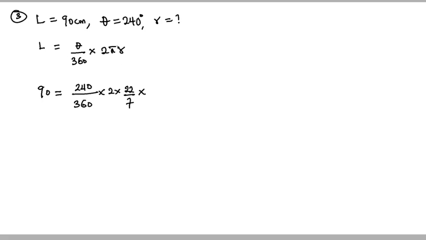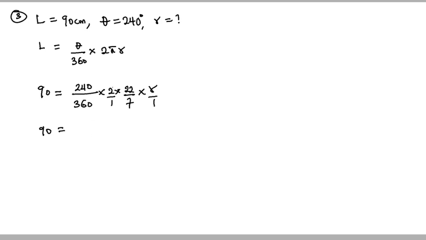R we don't know. We are asked to find it, so I'll put down R. Let's call here over 1. So 90 is equals to 240 times 2 times 22, multiplying the numerators, which will give us 10,560.